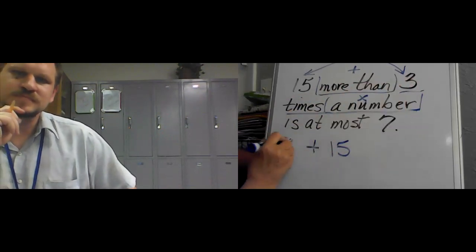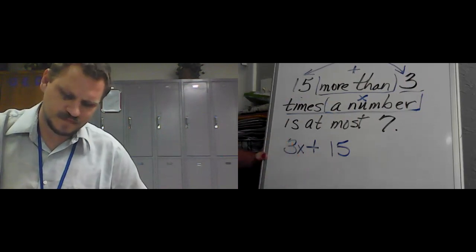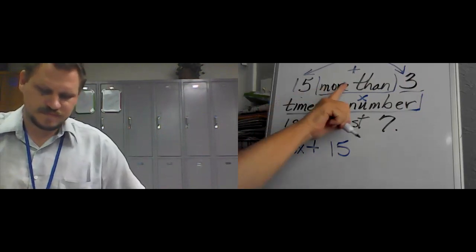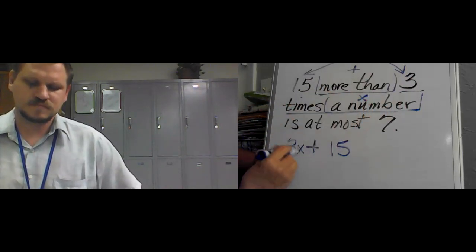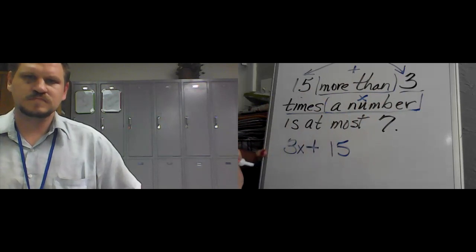Yes. So it says 3 times X. So 3X is going to go here. Because more than was a switch phrase, this means add, but we switch places. 3 times a number is 3X. That goes on the front, and the 15 goes back.